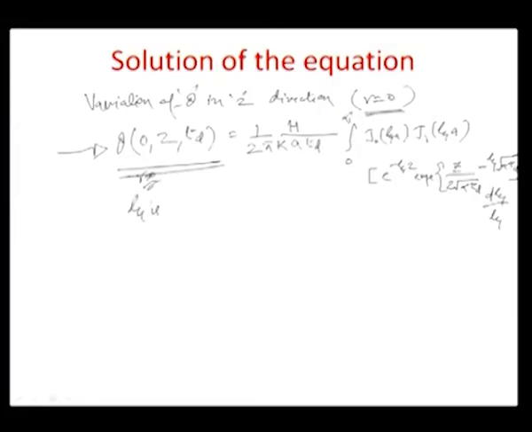Zeta here is just a dummy variable, a variable of integration that we are concerned with, and this actually can be a combined parameter, so it can contain the radius, it can contain the time, or it can also contain the z value.